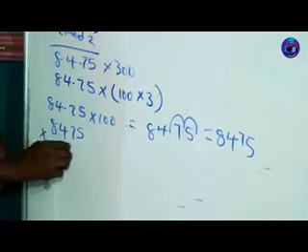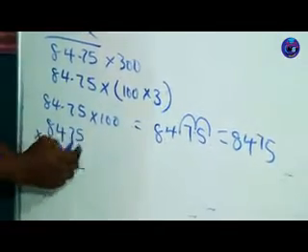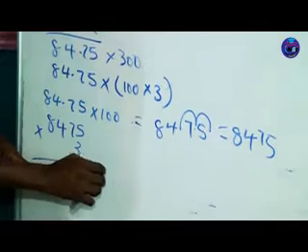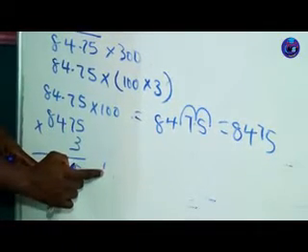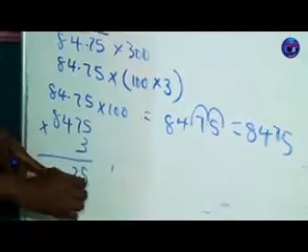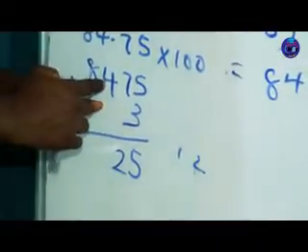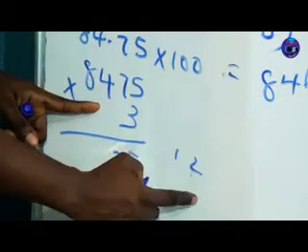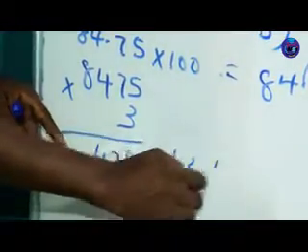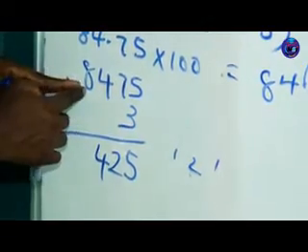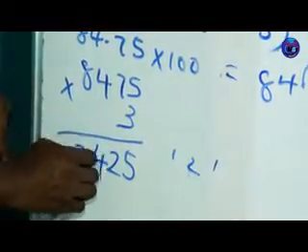8,475 times 3. 3 times 5, 15, lift 1. 3 times 7, 21, plus 1, 22, lift 2. 3 times 4, 12, plus 2, 14, write 4 and lift 1. 3 times 8, 24, plus 1, 25.